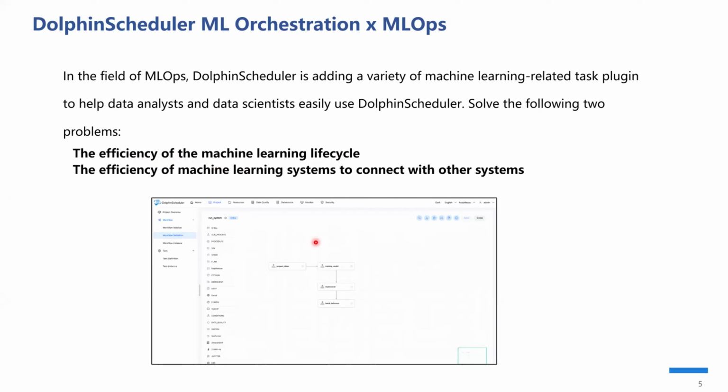So this is a very comprehensive but very standard life cycle throughout the machine learning field. And we are also able to connect other systems, because there is a variety of solutions and tools you can choose in the open source community, and also in some public cloud providers. So this is very important for some big user scenarios.